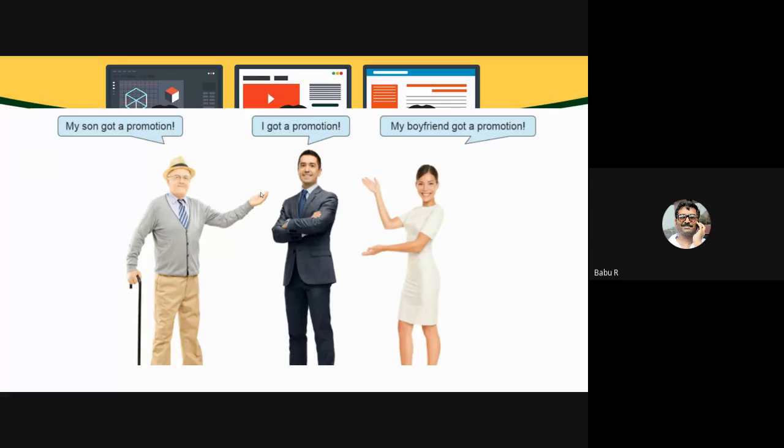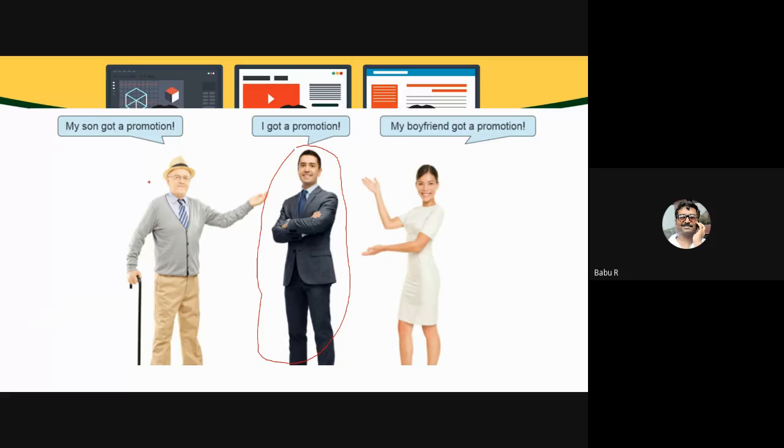Here is another example. There is a guy, and let me consider this guy as an object. He got a promotion, and that can be claimed by anyone, right? Those are different references.